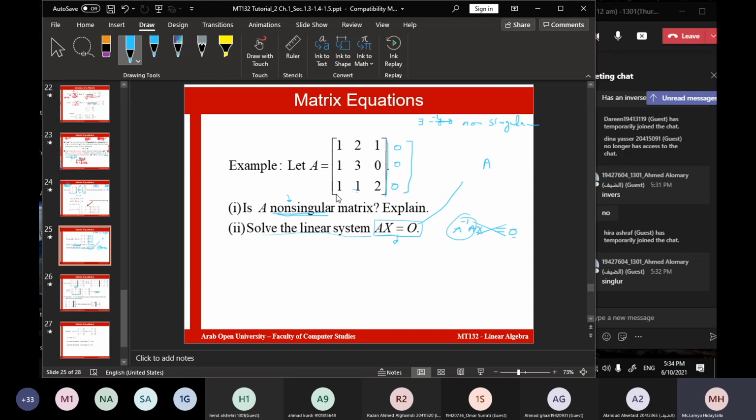Do I have to do all the steps again and reduce to the echelon form? Do I need to go step by step? No. Why? Because already I reduced this to the echelon form, and the most important thing is that this will remain 0.